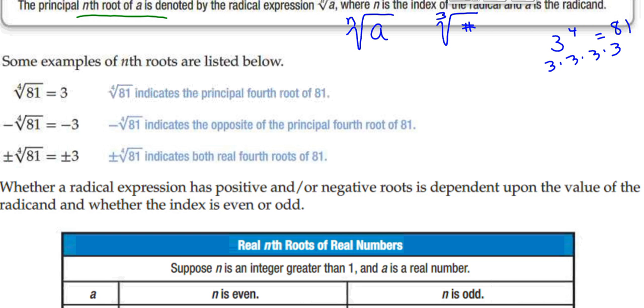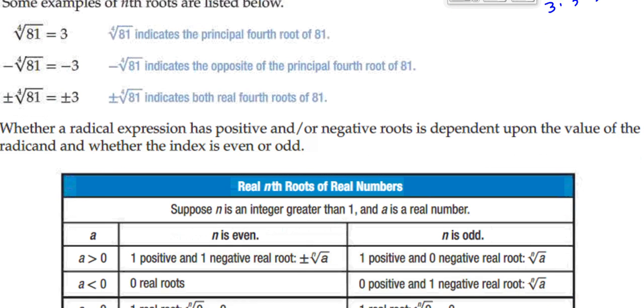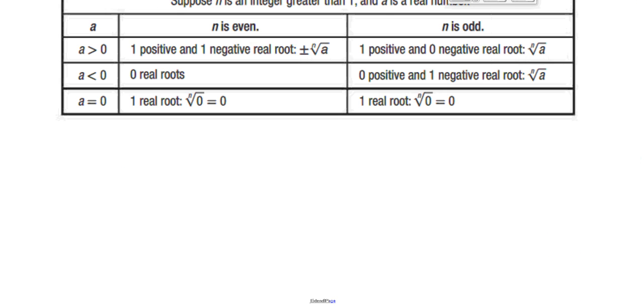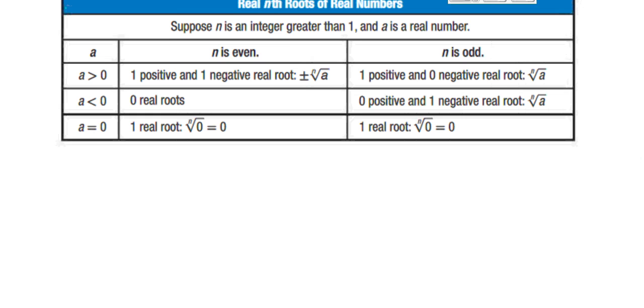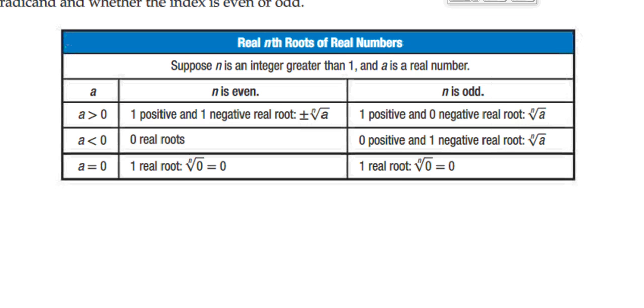Now, this next thing is something that I expect you to know as well. Sometimes it's a little hard to know exactly what a table is saying until we actually do problems with it. We're going to talk about even and odd things as we go.